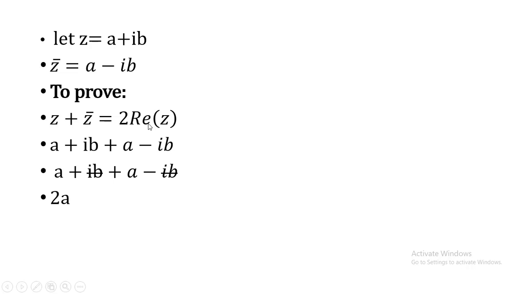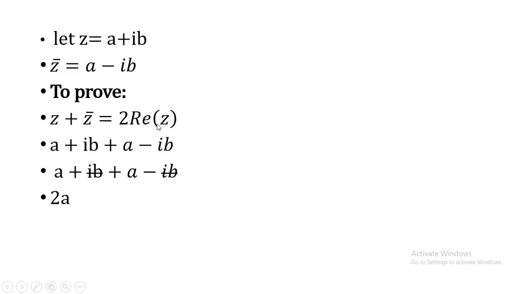Re of z means the real part of z, and the result is twice that particular real part. Now if you look at this number z, it has real part equal to a.